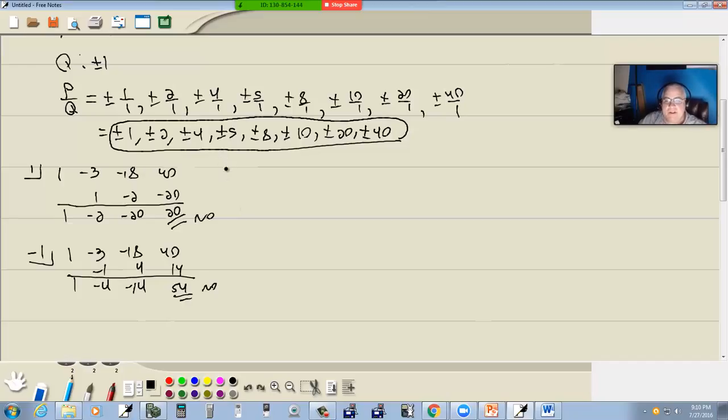Assuming I did all my adding and multiplying correctly. I'm not always the greatest on that. Some of my basic math skills sometimes fail. I'll try negative 2. So add, multiply, add, multiply, add, multiply, add. That doesn't work. So then I'll try positive 2.